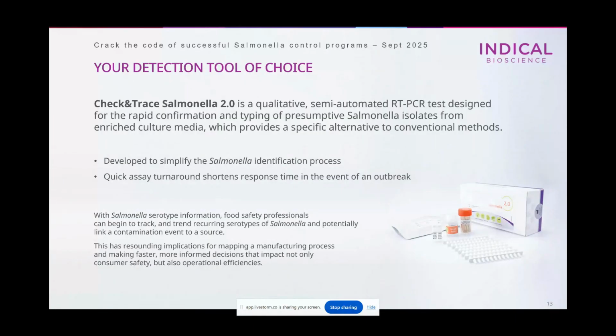You have a hands-on time of 20 minutes and a run in the machine for another hour and a half. So in 2 hours, you will be able to identify the Salmonella which is causing the contamination. And this has implications for mapping a manufacturing process and making it faster to take the right decisions, focusing on pinpointing the weakest links.